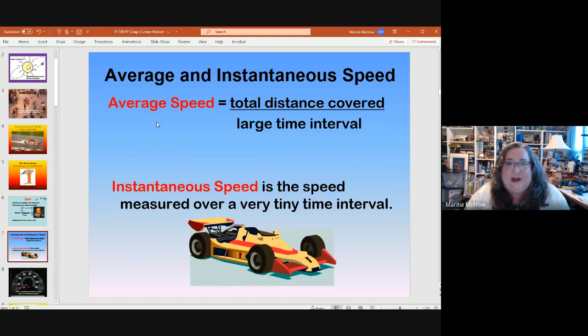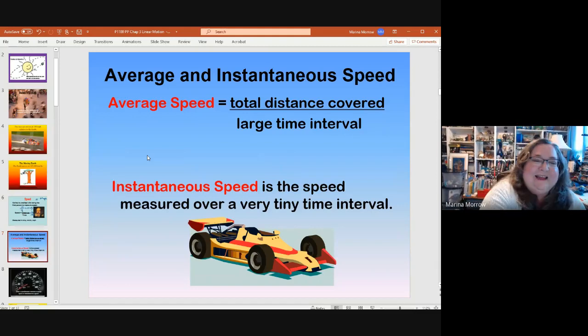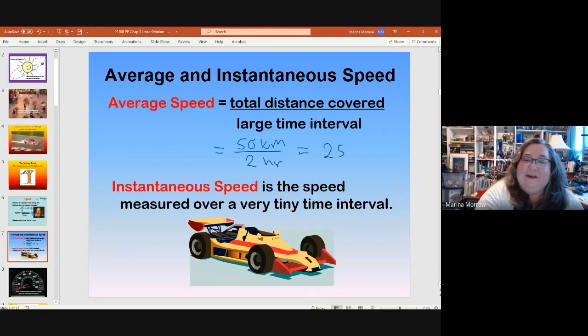So you drive to grandma's house, and let's say grandma's house is 50 kilometers away, and you do that in 2 hours because you're driving very carefully and it's beautiful scenery. So what's that going to be? 25 kilometers per hour, which is pretty slow, actually.